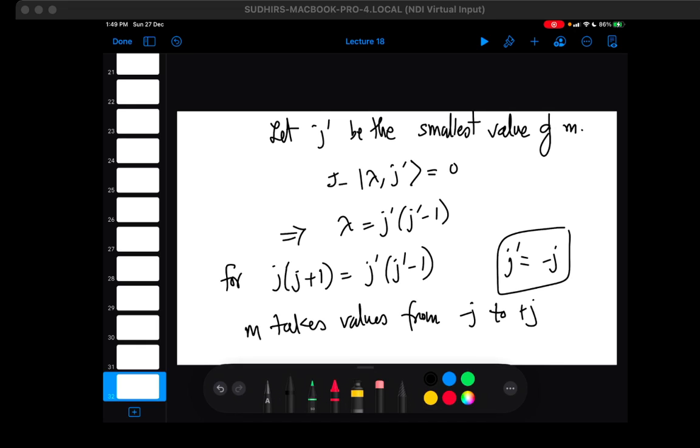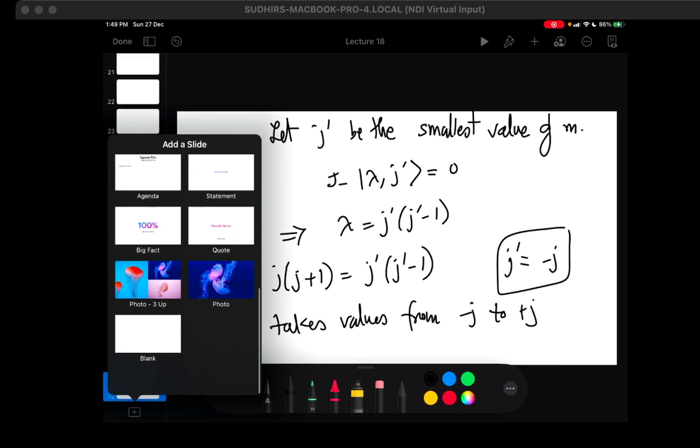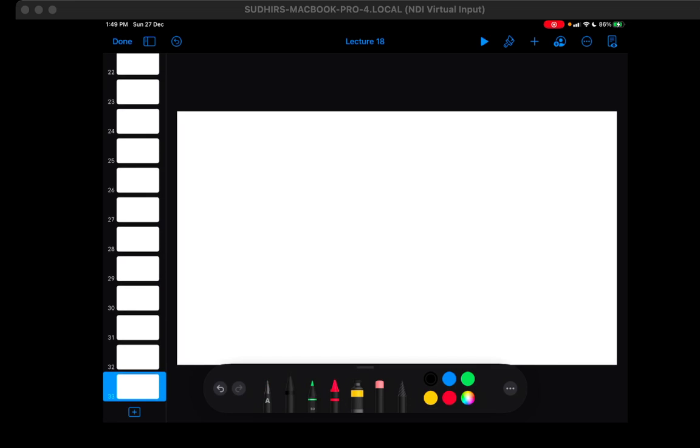Another condition you have: j minus j prime, the lowest value to highest value, is essentially 2j because of this.